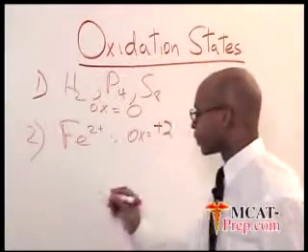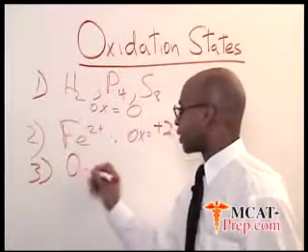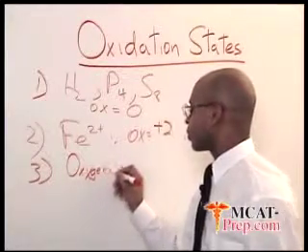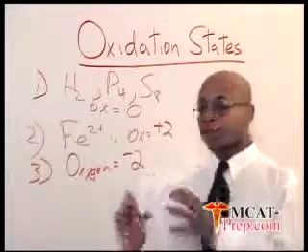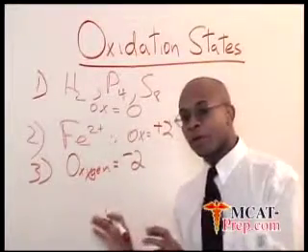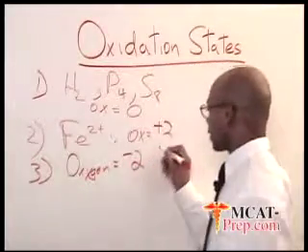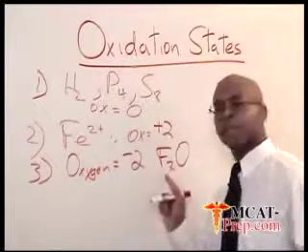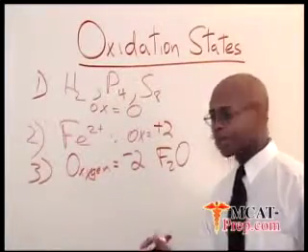Third rule, the oxidation number for oxygen is equal to -2. So this is the oxidation number for oxygen in all compounds except in F2O, which of course you recognize fluorine as being the most electronegative element in the periodic table.